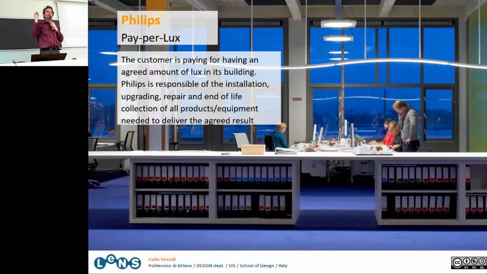They are paying per light that I have, access to the light per surface, basically what I need to be able to read and so on. Okay? So what I'm paying for is the final satisfaction, what I really need. And the rest remains in the ownership of Philips, and they are providing the service. And people, Politecnico di Milano, if that would be the case, or any of your universities, or any company, would be paying that.